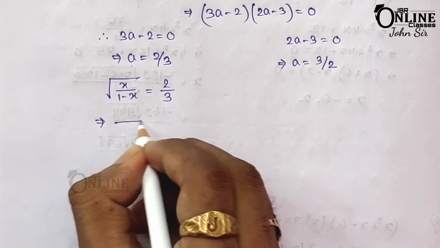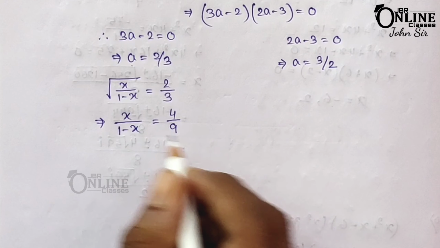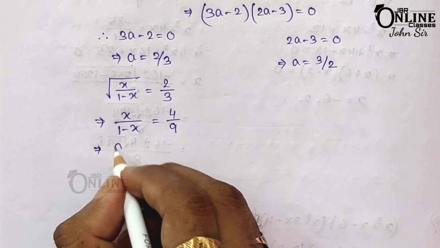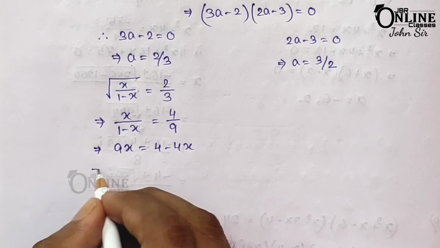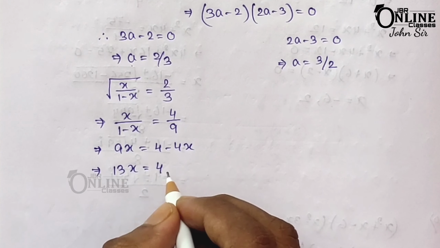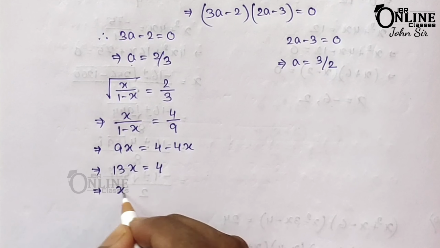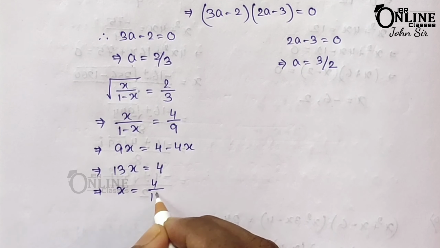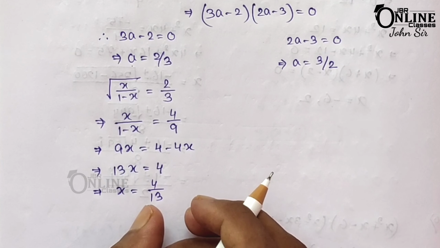Now squaring both sides, x by 1 minus x equals 4 by 9. Clear? Now cross multiply: 9x equals 4 minus 4x. So 13x equals 4, then x equals 4 by 13.